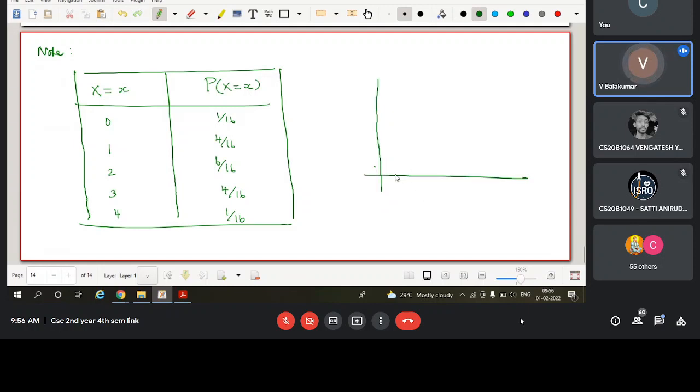The same thing we can draw like a picture. So this is 0, 1, 2, 3, 4. These values we want to draw. Near 0 it is this number, say 1 upon 16, and for 4 also the same number.